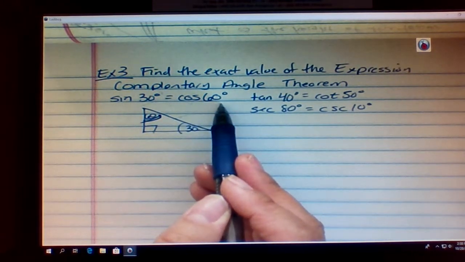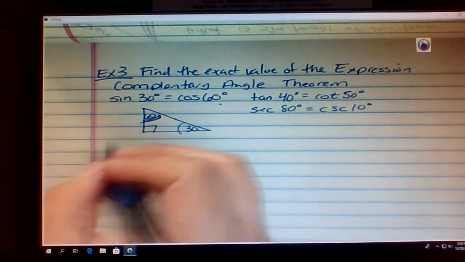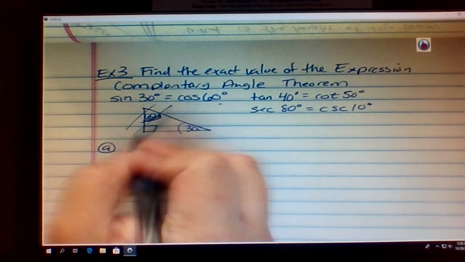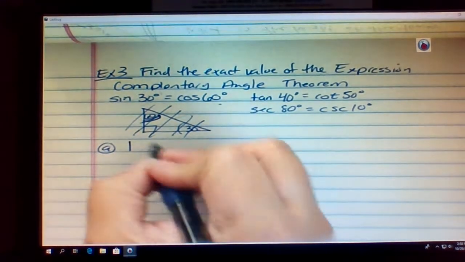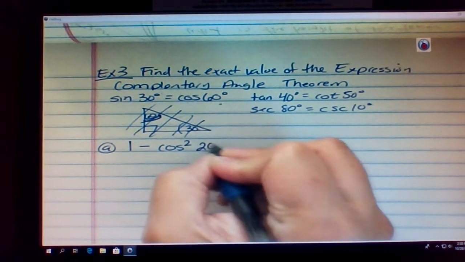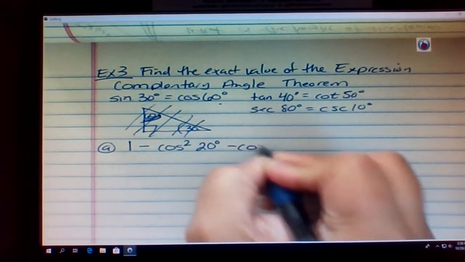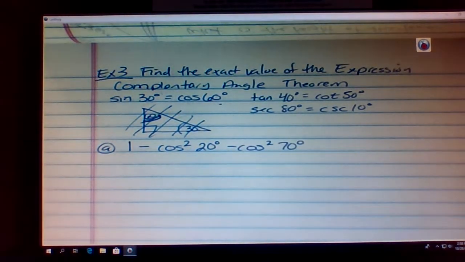Just forget about the triangle. Sorry, my bad. So they're going to give you a problem that looks like this: 1 minus cosine squared of 20 degrees minus cosine squared of 70 degrees. What can I do with this so I could simplify and maybe actually calculate an answer?